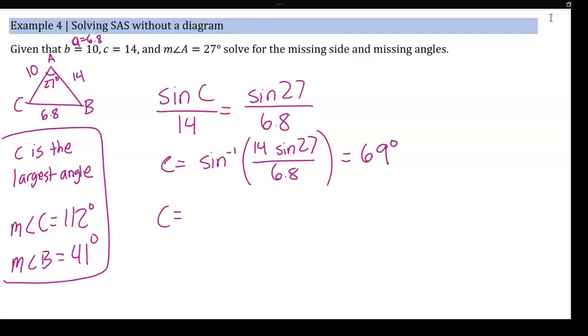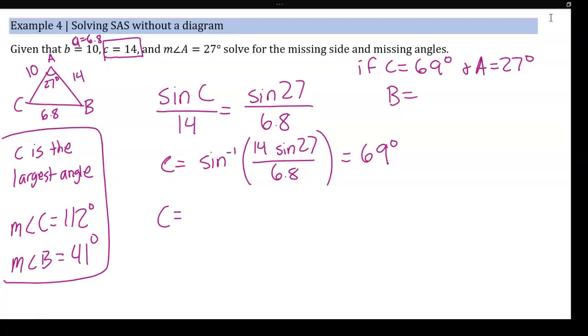Now the problem is that according to our diagram, according to what we know with A being 6.8, B being 10, and C equals 14, C should be the largest. So if C equals 69 degrees and A equals 27 degrees, that means that B, I'm sorry, I should make a capital A to avoid confusion.